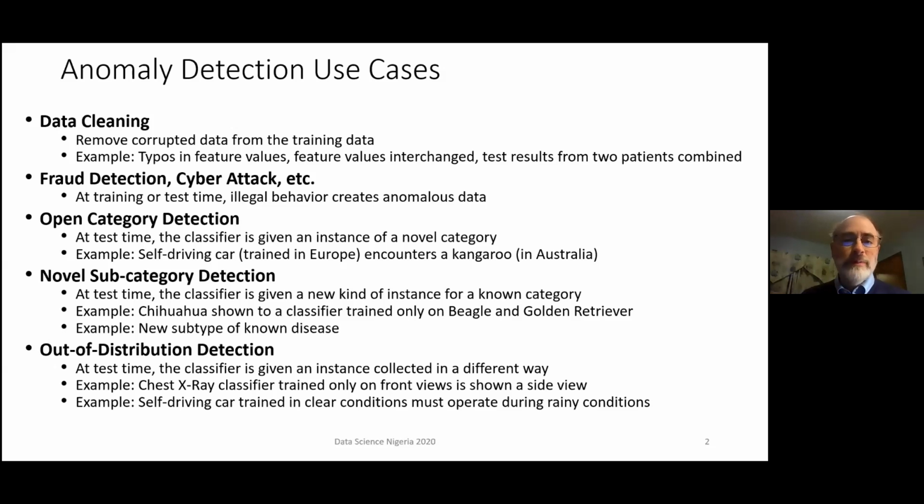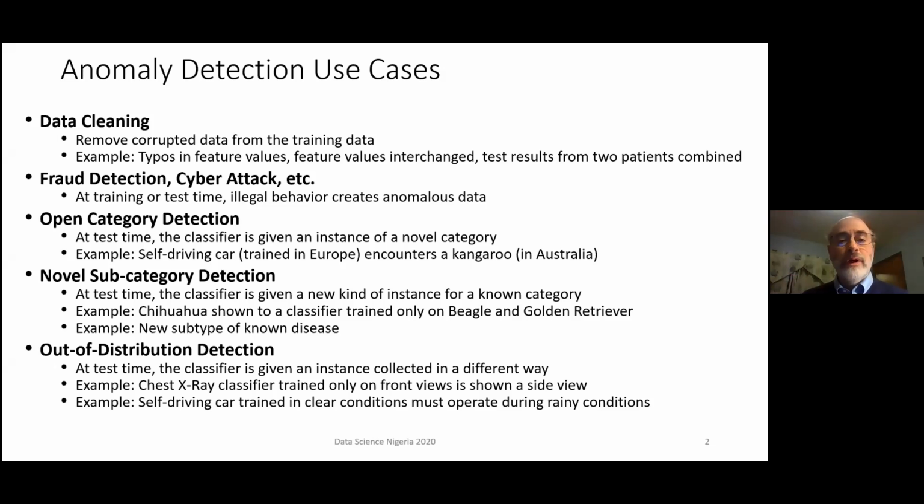Values in different columns might have been interchanged. Test results from multiple patients might have been combined or intermixed. So you can use anomaly detection to detect these outliers in the data set that don't follow the patterns of the main data.